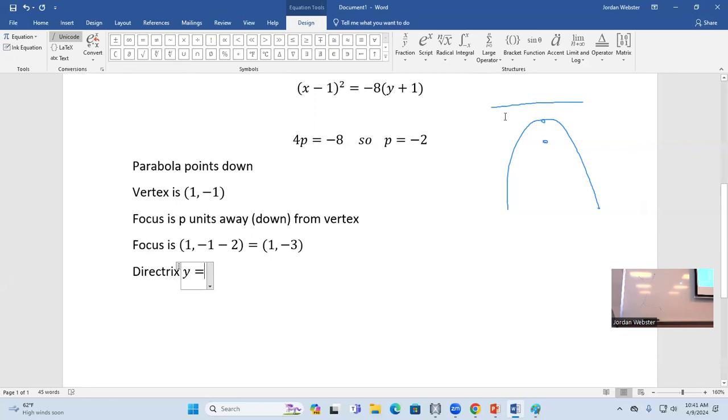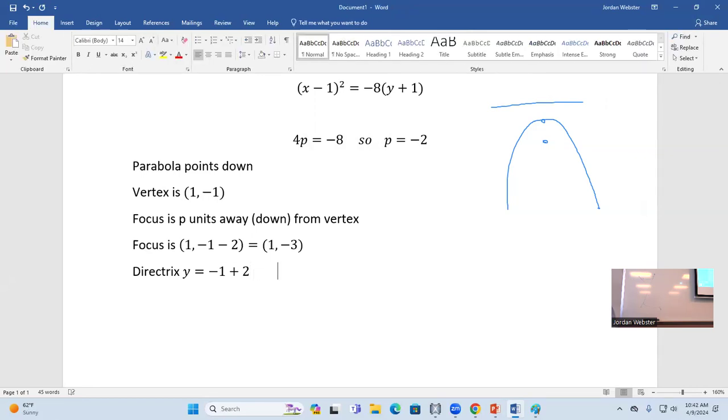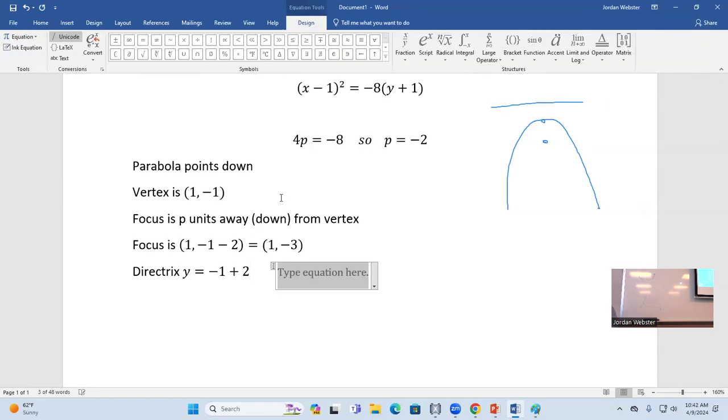Similarly, notice that my directrix is a horizontal line. So my directrix equation is going to be y equals some number. And that number is going to be 2 units up from my vertex. So I'm going to take my vertex y value and add 2. That means the directrix is y equals 1.